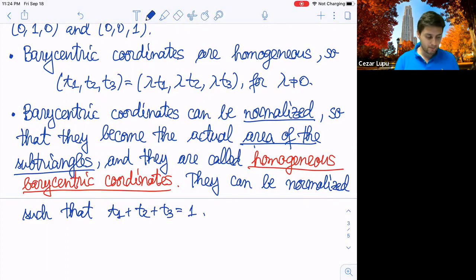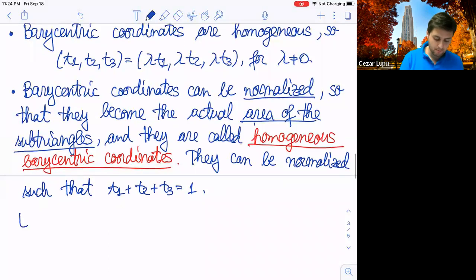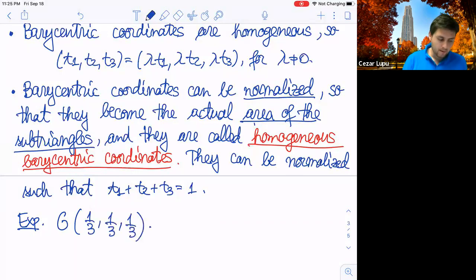Okay, and now let me just mention some of the barycentric coordinates. For example, if I have the triangle with vertices 1, 0, 0, 0, 1, 0, and 0, 0, 1, well, guess what? The triangle centroid G will have the barycentric coordinates 1/3, 1/3, and 1/3, right?